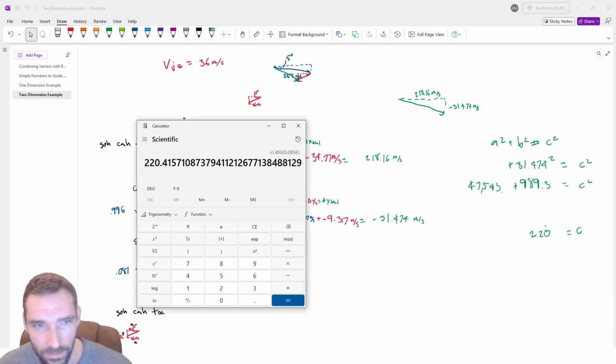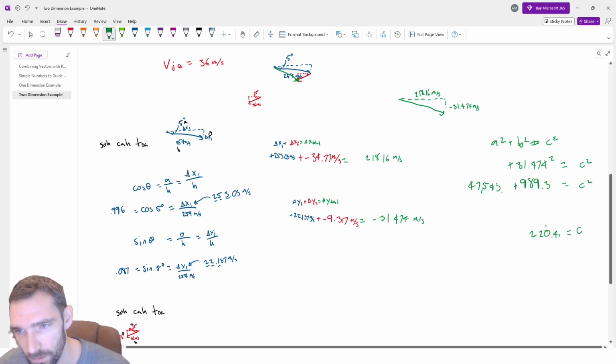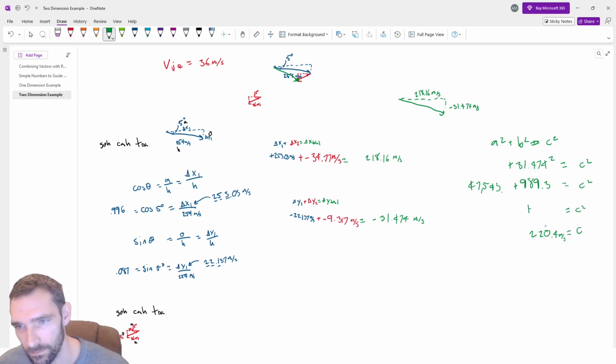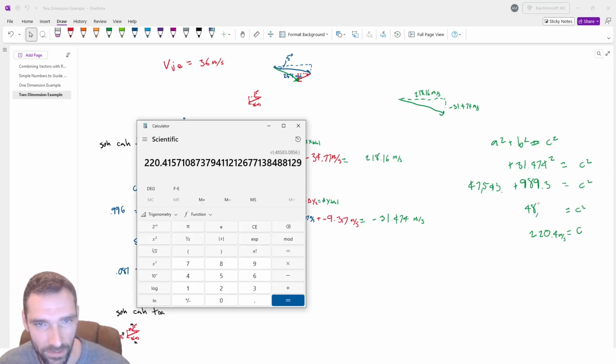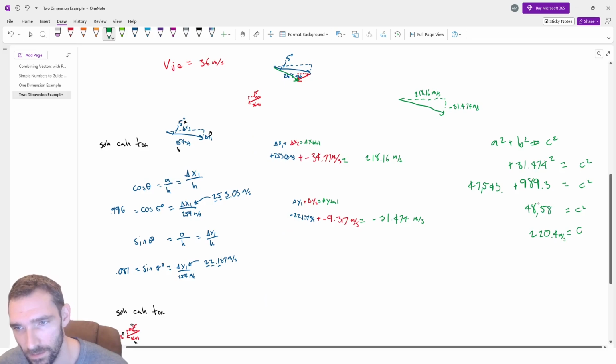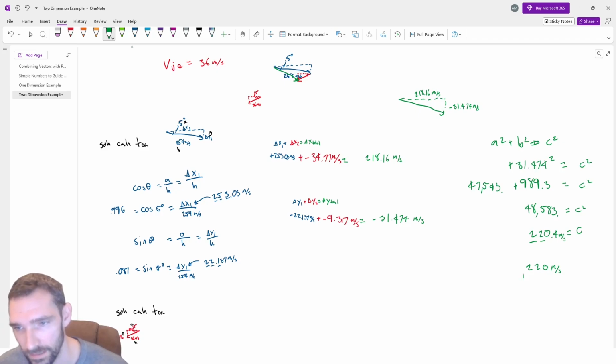It's a bit longer than those other legs. Having the 48,000 number might help you double check your calculations. That's just a piece of advice that I would give you. We are being limited to 2 sig figs, so 220 meters per second is our final answer there.